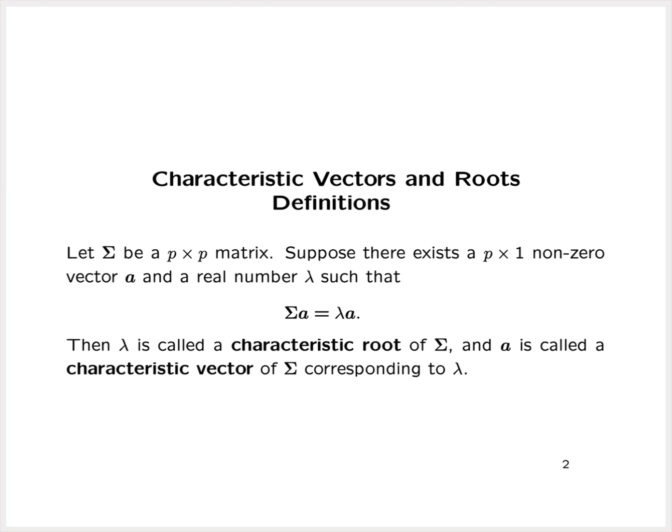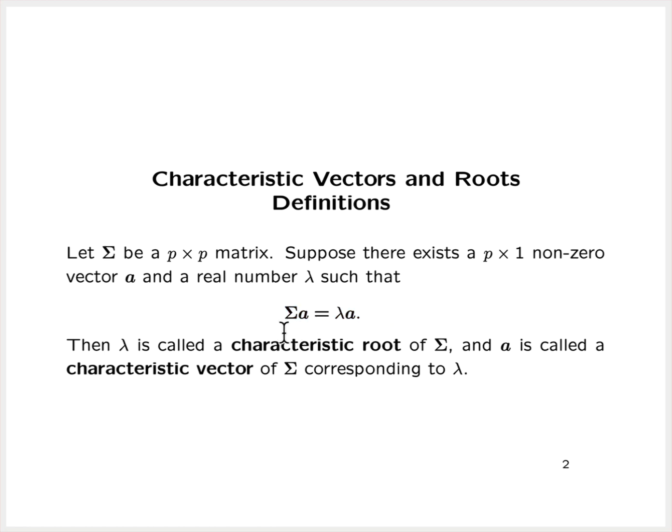We'll start off first with some definitions. Let cap sig be a p by p matrix. Suppose there exists a p by 1 non-zero vector A and a real number lambda such that this vector equation holds. Let me talk a little bit about both sides of this equation.